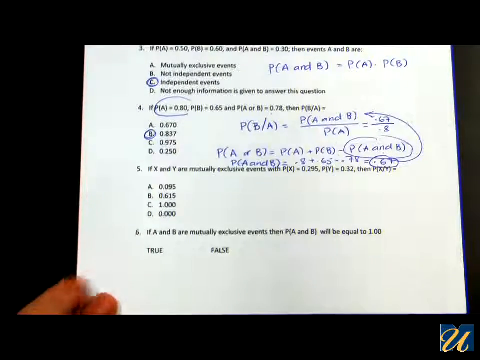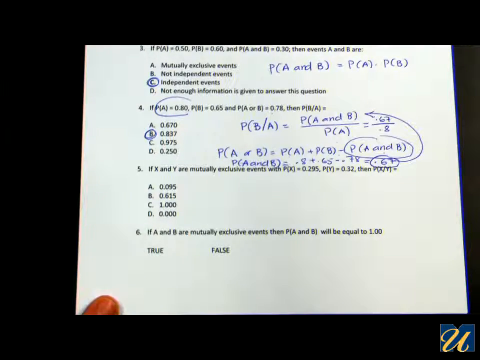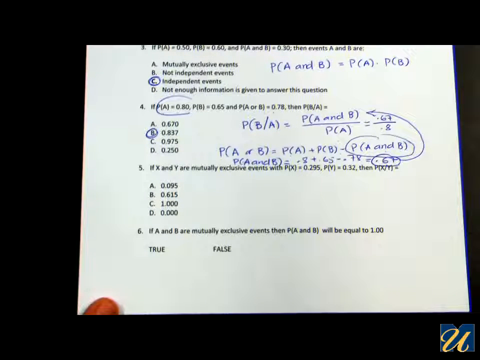If X and Y are mutually exclusive events with probability of X 0.295, probability of Y 0.32, then probability of X given Y will be equal to what?